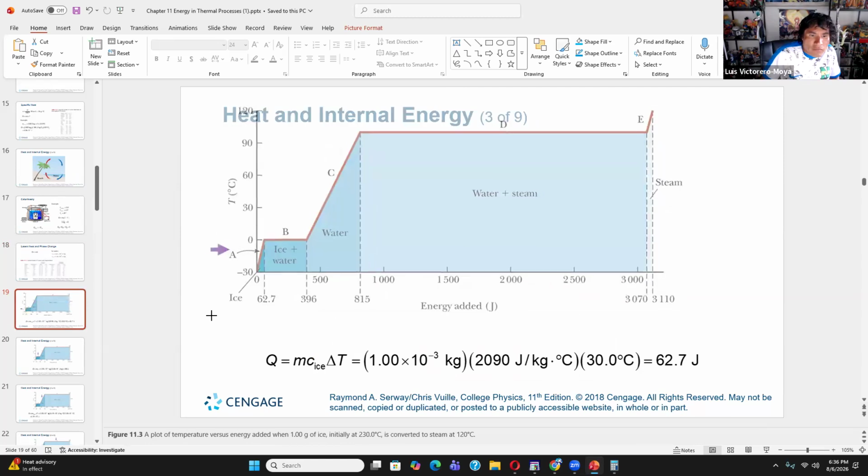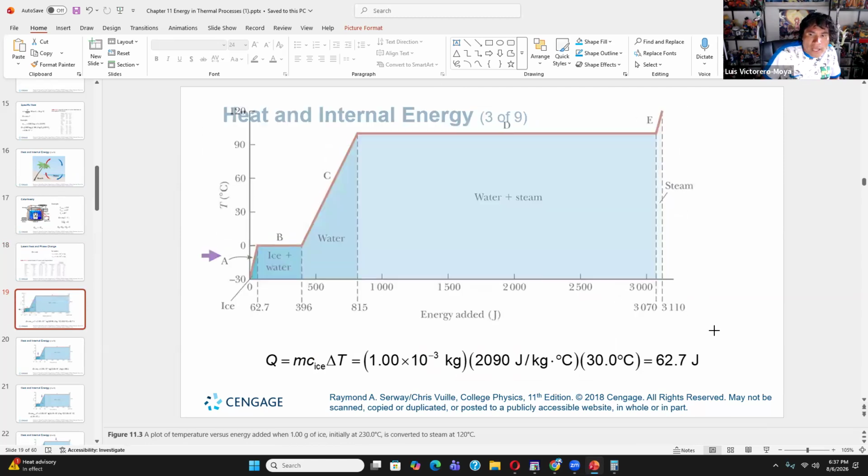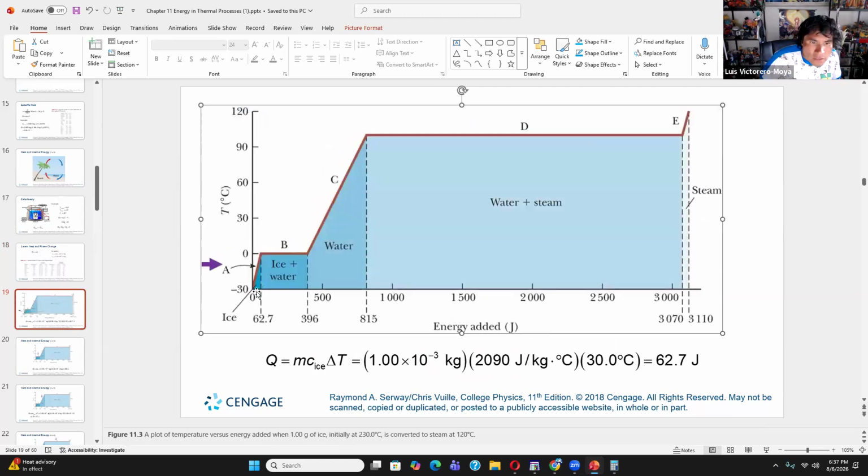So what do we have in this graph? We have a certain amount of ice, which we are changing by 30 degrees Celsius, so you have this amount of energy. This graph is basically increasing the temperature of ice from negative 30 to 0.